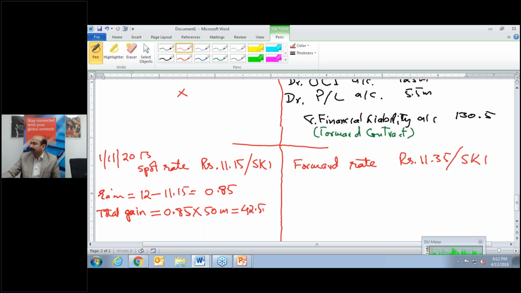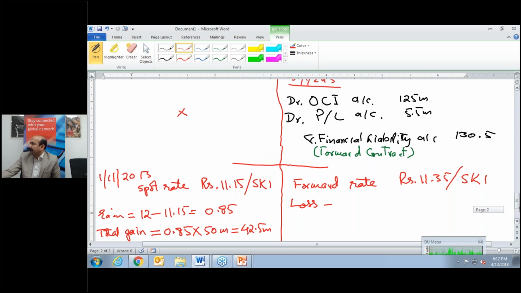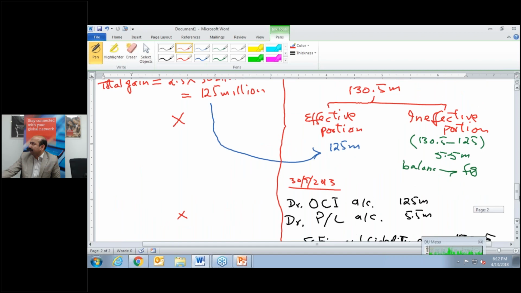42.5 million. Likewise, there is a loss, and loss can be calculated from the last rate, which is in the forward market.